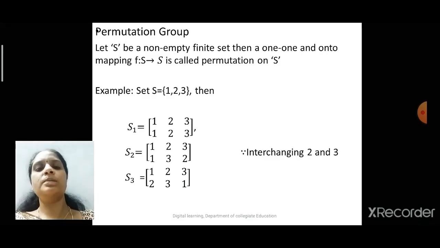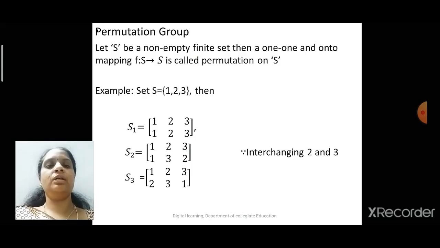All possible groups we can consider for S1, S2 and S3. If we are considering S1, the elements from the set S are 1, 2, 3. So the first possibility is 1, 2, 3 and 1, 2, 3.